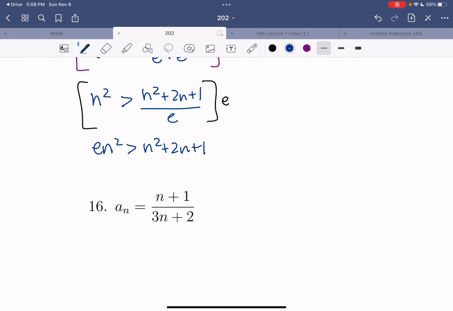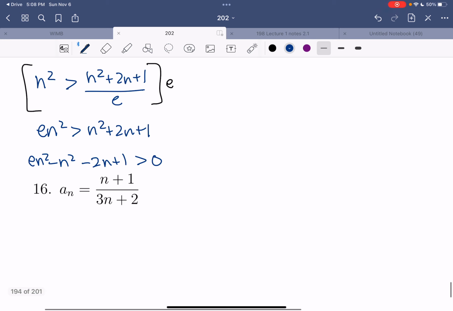From here, you're going to subtract to get common e's. So I'm going to subtract n squared from both sides. So that's going to give me e n squared minus n squared minus 2n plus 1 greater than 0.